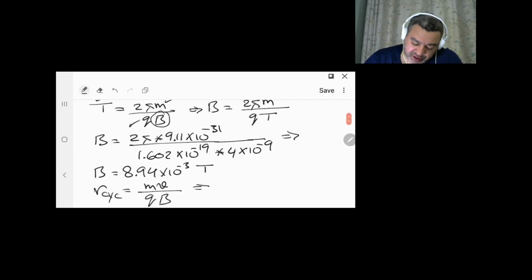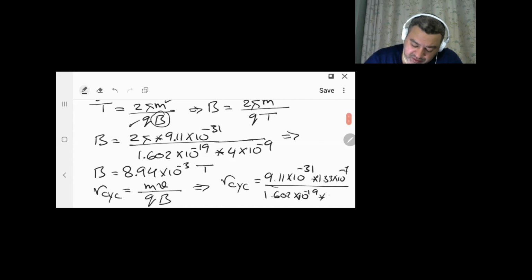So putting everything now together, our cyclotron radius is 9.11 times 10 to the power minus 31 times the velocity, which is 1.33 times 10 to the power 7, divided by 1.602 times 10 to the power minus 19 times 8.94 times 10 to the power minus 3.